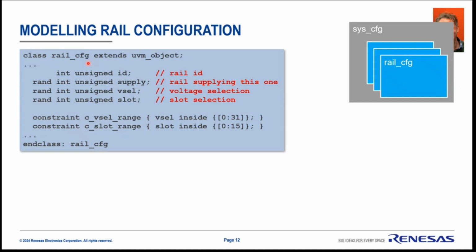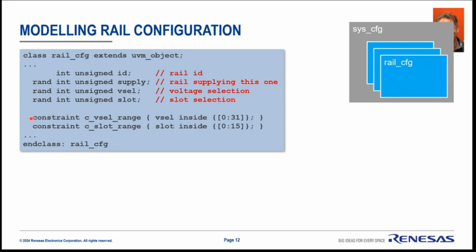Inside the rail configuration object, of which we'll have an array, we hold an ID, a supply selection, which is which bucket it comes from, a voltage selection, and a slot number. Everything apart from the ID, which we assign programmatically, has been declared as random. That means we can apply constraints on them.